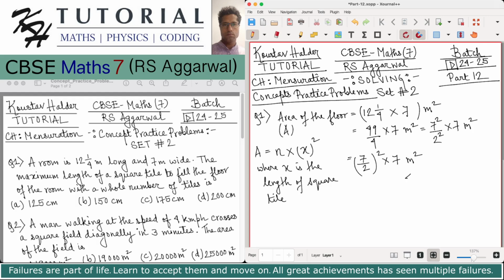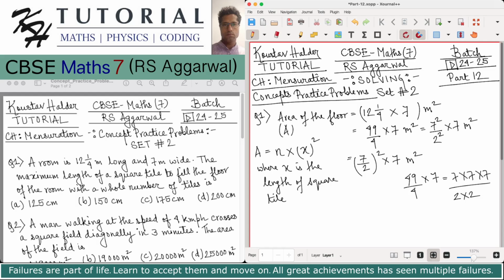So the area is 49 by 4 multiplied by 7, which is equal to 7 multiplied by 7 multiplied by 7, and then we have 2 multiplied by 2. So this whole thing has to be expressed in the form n multiplied by x square, so that we have to maximize x.